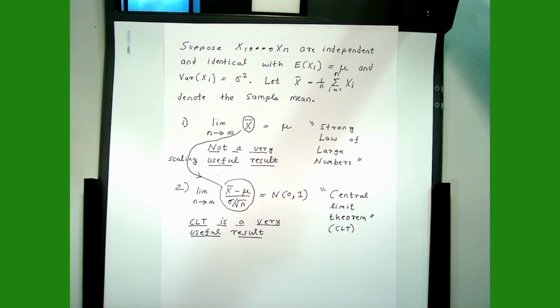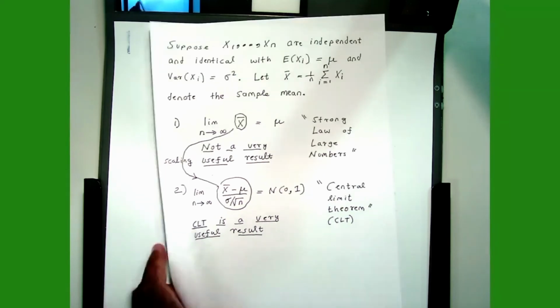So the next slide of this video will look at the limit of the distribution of Mn, the extreme value, after it has been scaled.